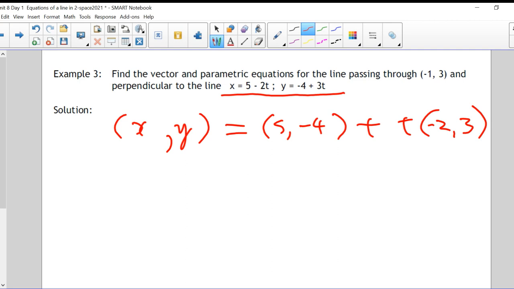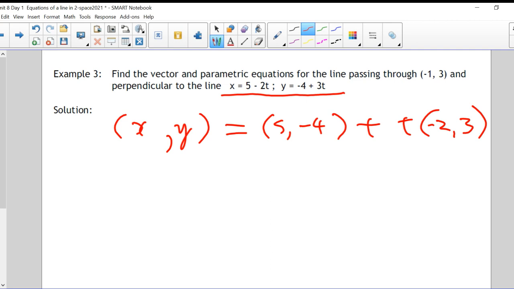If you haven't figured it out yet, this direction vector is roughly the slope of the line. It's really what it is. So in a sense, what you want to try to do is find another direction vector that would do exactly what that negative reciprocal would do that Richard just talked about, and give you a direction vector which is at right angles to the direction vector that we have right now.